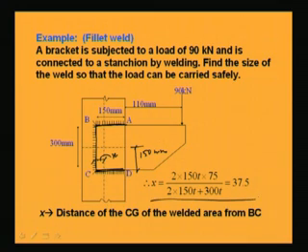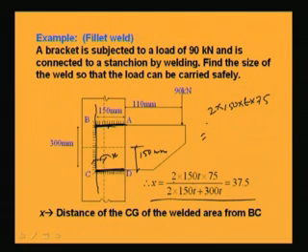How? If we take the area moment about this axis along BC, what will happen? We can write 2 into 150 T into 75, because 150 is the length of this distance. So 150 into T is the area, and CG will be 150 by 2, that is 75, and on 2 sides, so 2 into this will be the moment of area of this about this, and this should be equal to the total.